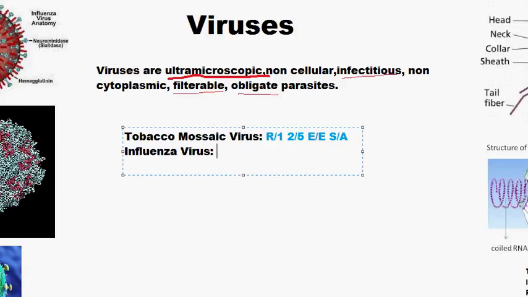First, see the cryptogram and get baffled and confused. The cryptogram of the influenza virus is R/1, 2 to 3/10, S/E and B/O. So I give these two.